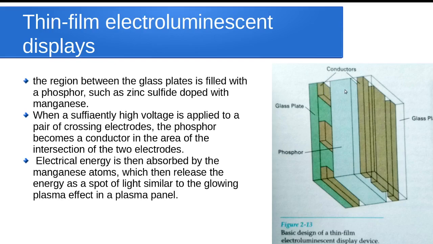If you apply electricity, this electrical energy will be absorbed by the manganese atoms at the intersection, and these atoms will start glowing. They will form the light here, which will be visible through the glass plates to the users or viewers. So this is the story of thin film electroluminescent displays.